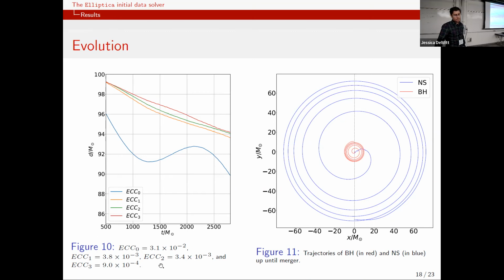We use this eccentricity reduction method, and as you can see, the eccentricity goes down to 3.8 times 10 to the minus 3, and then 3.4, and then finally less than 10 to the minus 3. On the right-hand side are the orbits of the same system with the lowest eccentricity that we achieved. As you can see, they are very circular and nicely merging here.